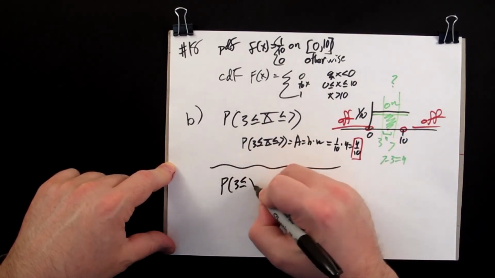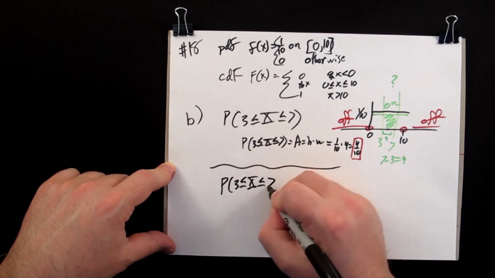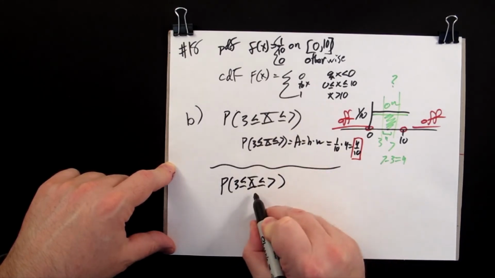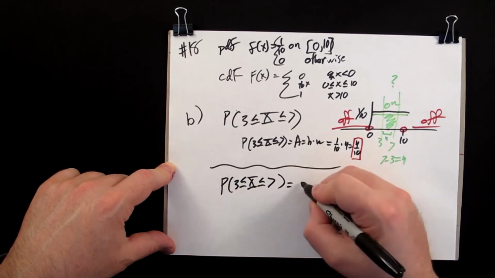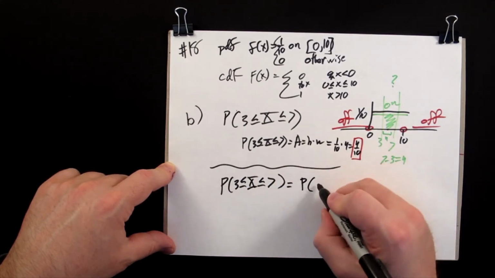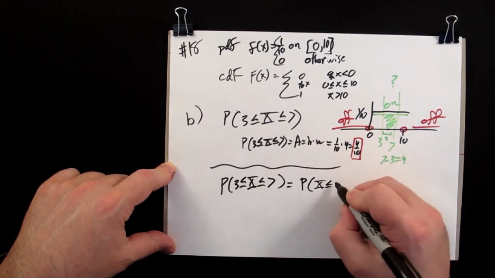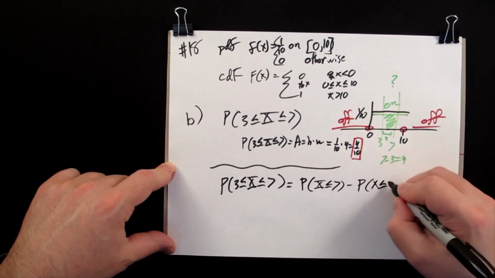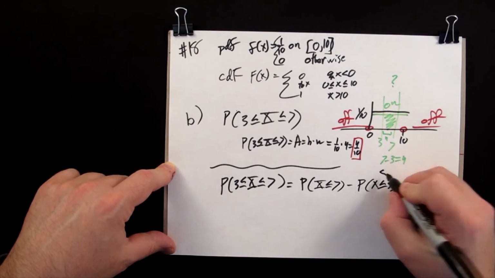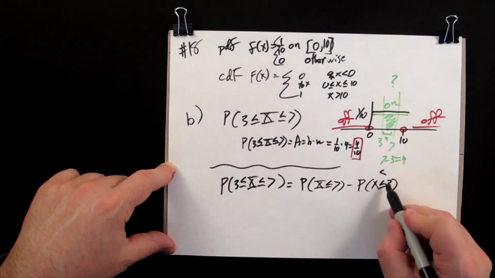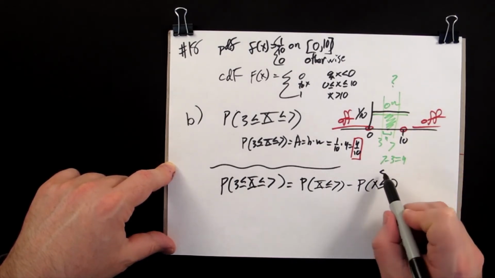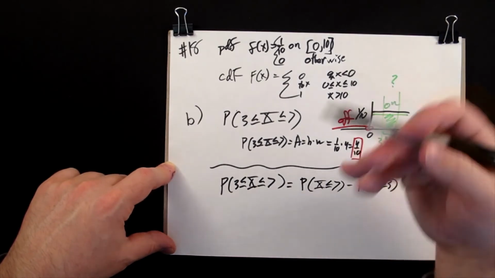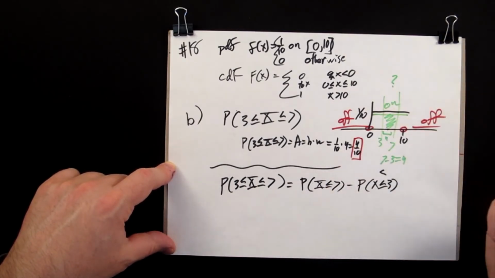So this probability of finding a random variable between 3 and 7 can be expressed as the chance of seeing it less than or equal to 7 minus the chance of seeing it less than or equal to 3. Now, because this is continuous, there's no difference between it being less than or equal to or strictly less than, because the chance of seeing any single value is 0.